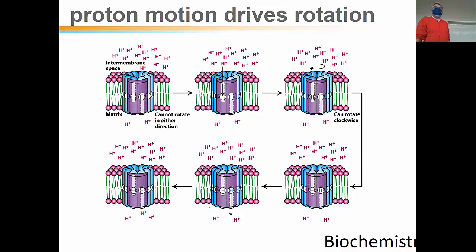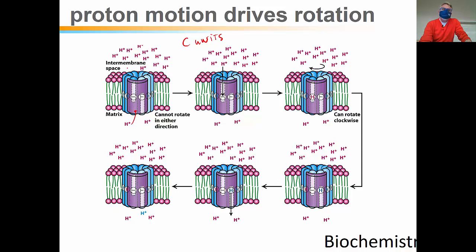So this is kind of the guts of the transporter. The transporter has a series of units. And in the mitochondria, there's 10 of these, and they're called C units. Okay, the C units. And there's this component here, this purple component.